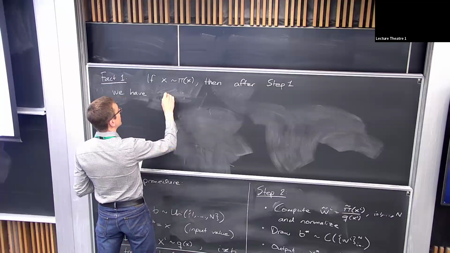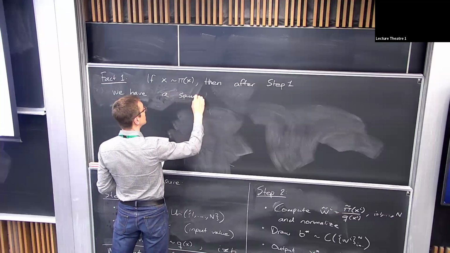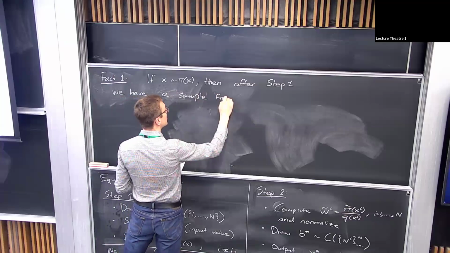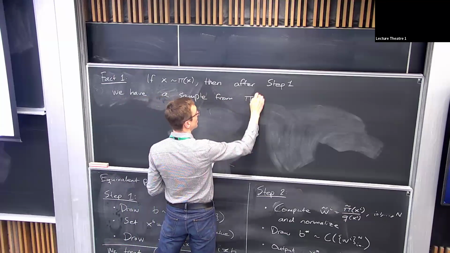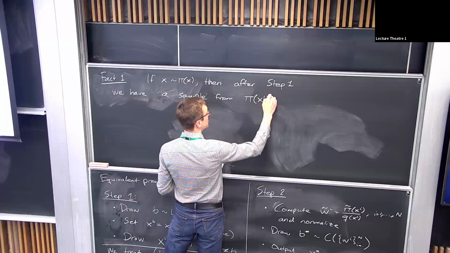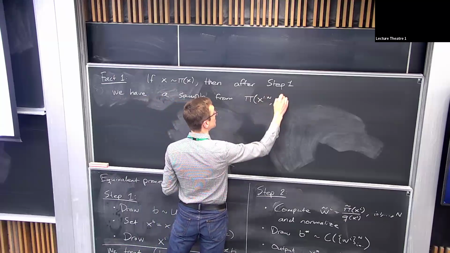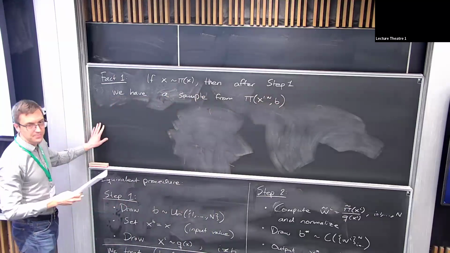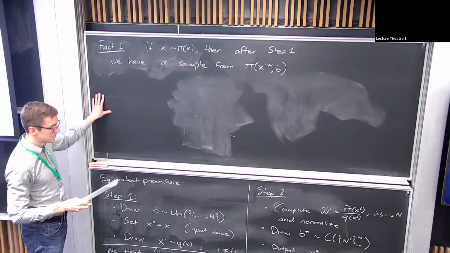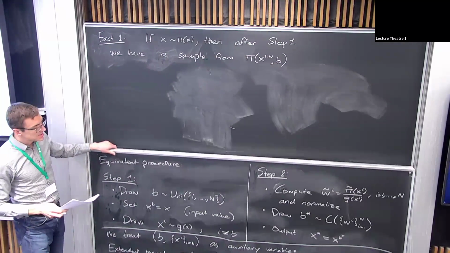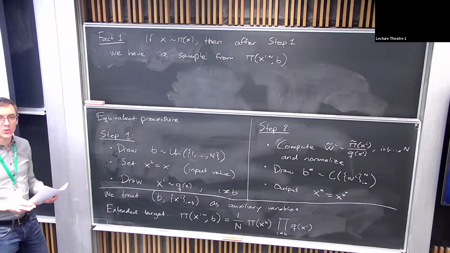So after step 1, we have a sample from this extended target. It's essentially just doing some kind of imputing all the missing values here.